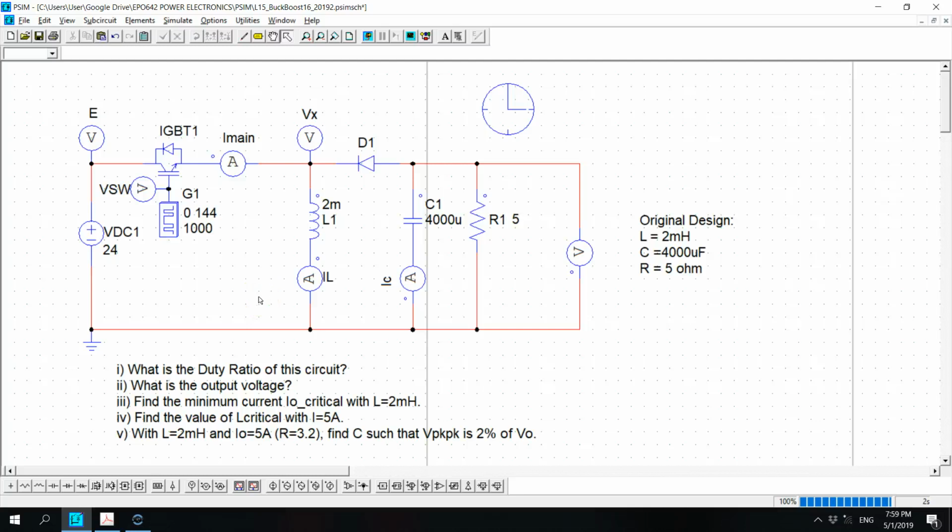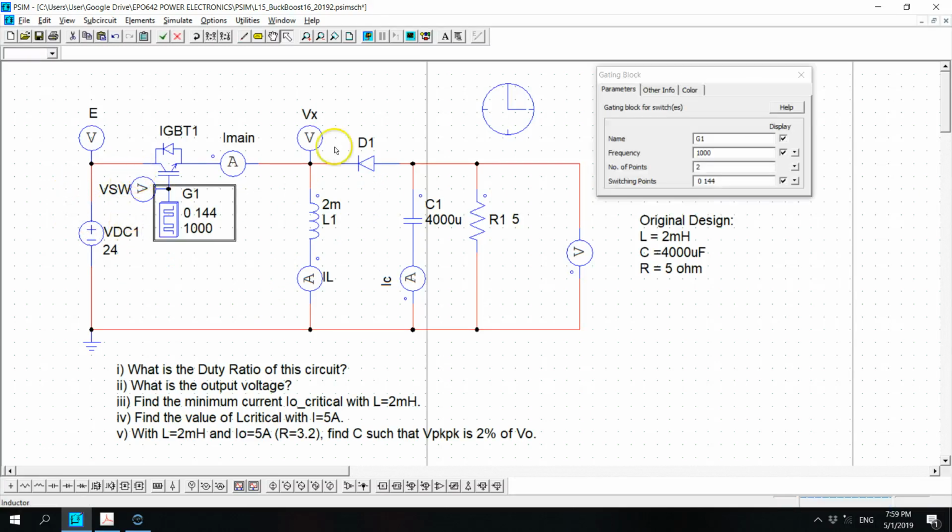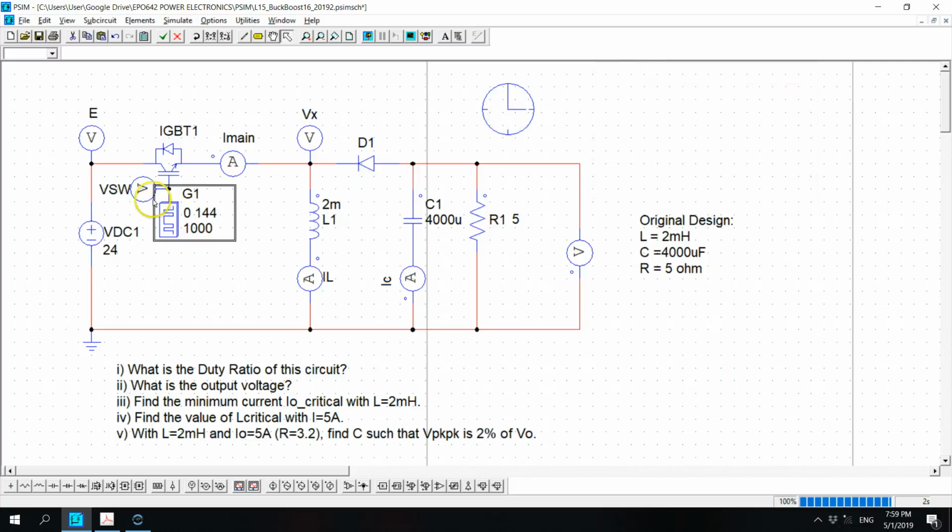You are given the original circuit design with an input voltage of 24 volts, and we have the gating block of 1000 Hz. This is the switching frequency for the IGBT, and it is switched from 0 to 144 out of 360 degrees.